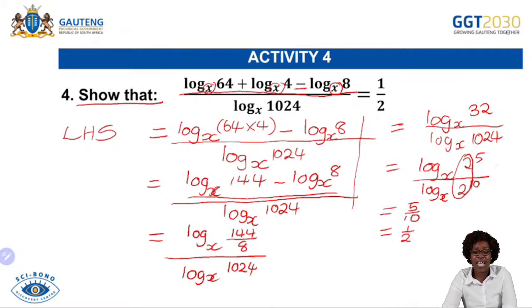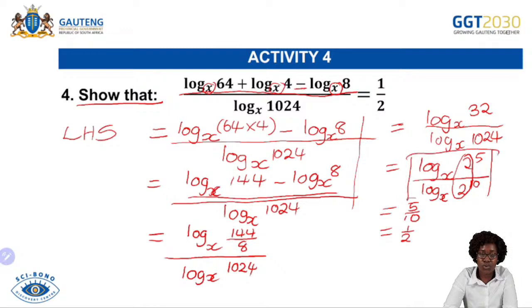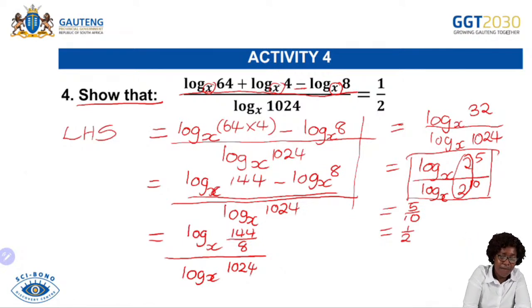But for those of us who cannot move from this step directly to 5 divided by 10, remember there was a friend of ours that reminded us that if I have log of a number to a base and the number there is raised to an exponent, I am going to take down the exponent and then multiply it by the log of the number with the same base.